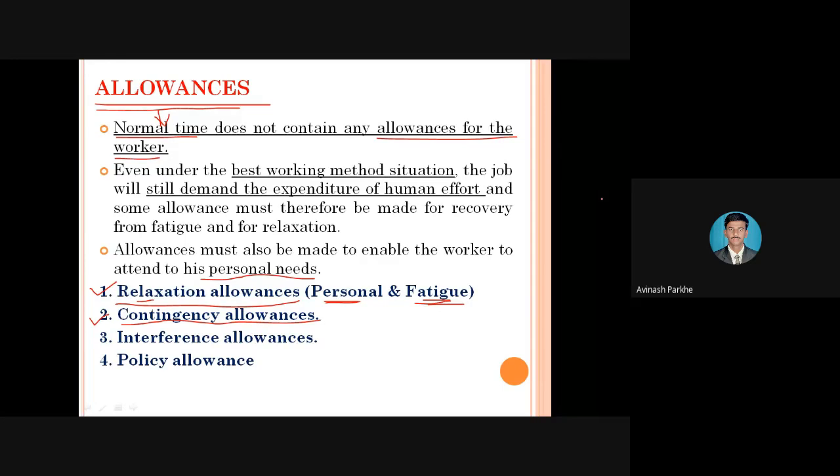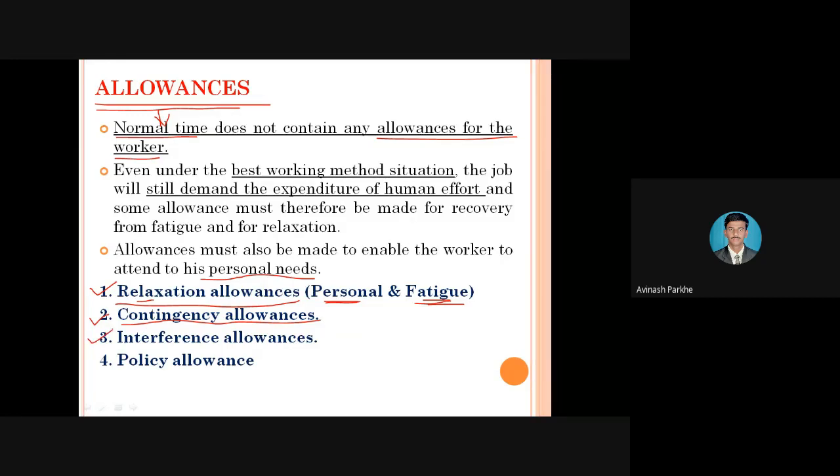In that extra 30 minutes, you can drink water, change the coolant, change the oil, or change the tool if it is broken. Therefore, changing the tool, changing the coolant, and replacing important components will be considered under the contingency allowance. Then the third one is called the interference allowance.